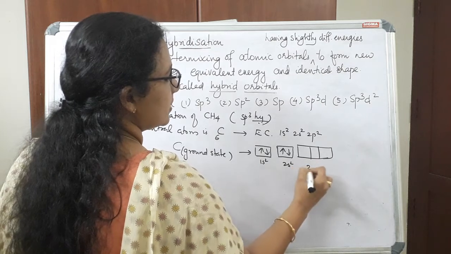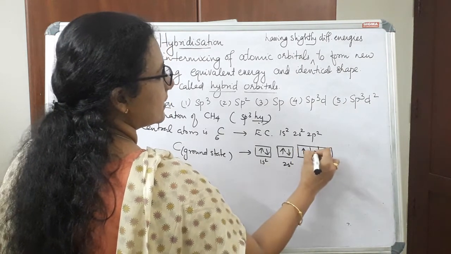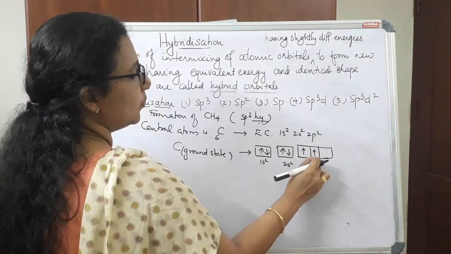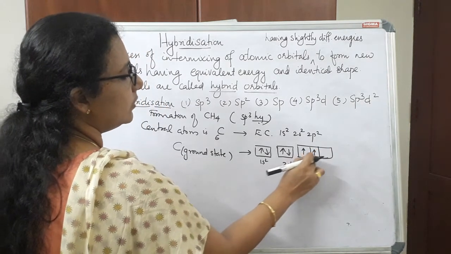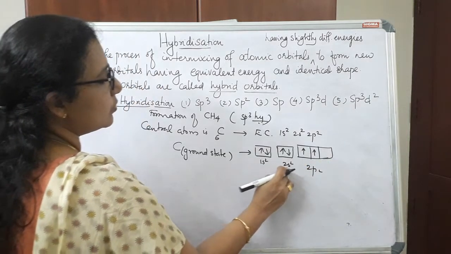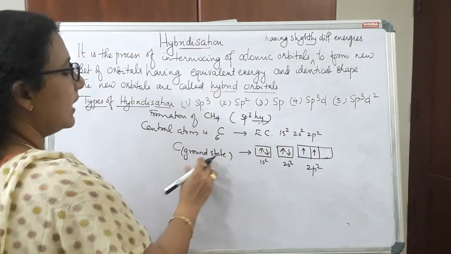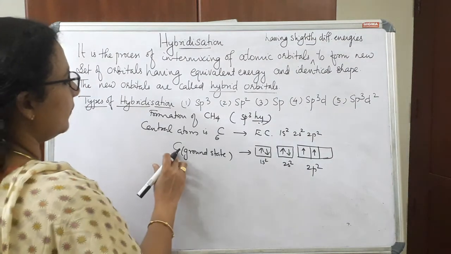So this is 2p2: one electron is in 2px and the other is in 2py. So 2px1, 2py1, and 2pz0. So 1s2, 2s2, 2p2 is the ground state electronic configuration of carbon.